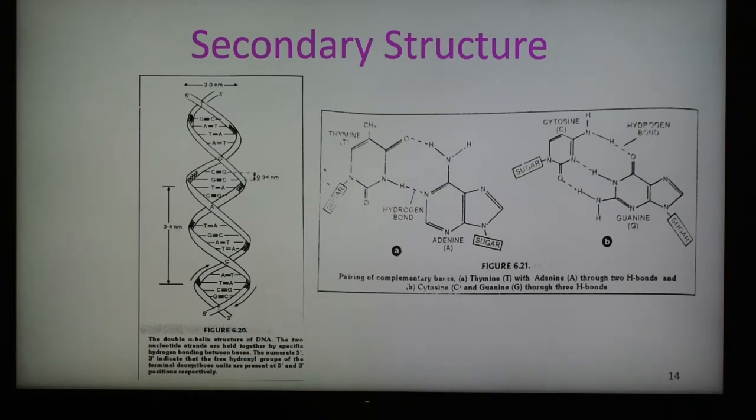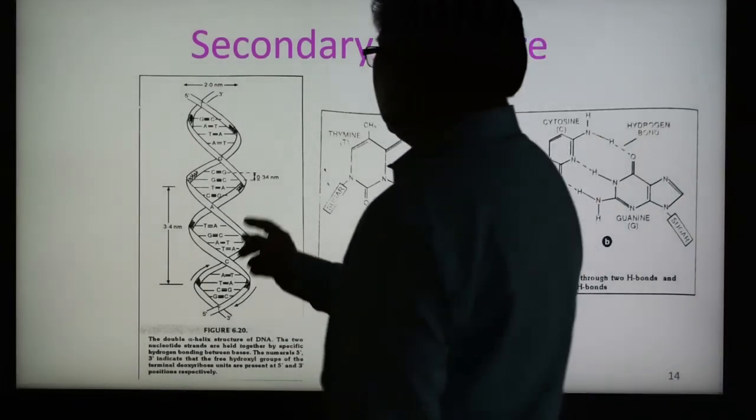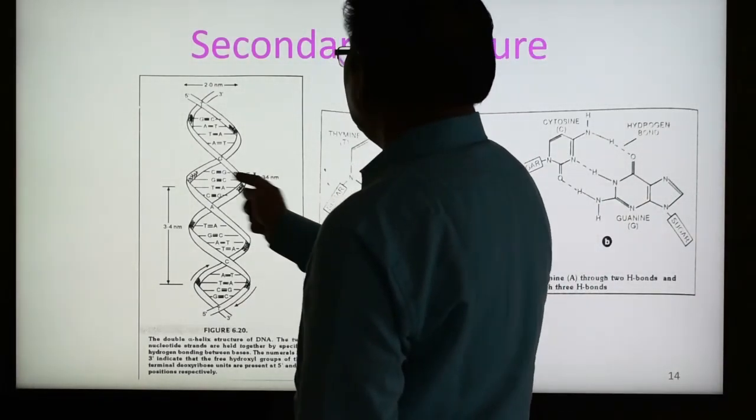The 5' and 3' indicate the free hydroxyl group of the terminal deoxyribose unit present at the 5th carbon and 3rd carbon position. So in this way, here also distance is shown. So this is the distance between these two.